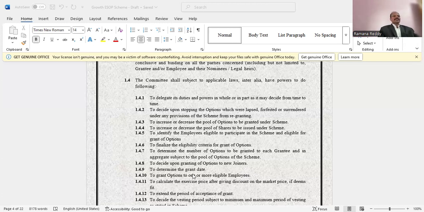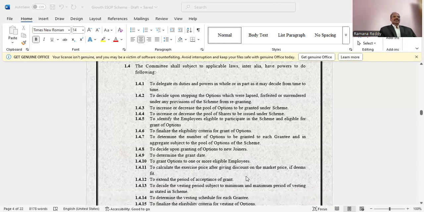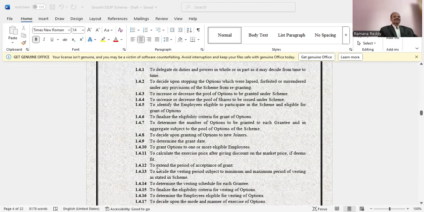And this committee has the power to determine the grant date, because the committee will approve the grants. That date is called the grant date. And it has the power to grant options to one or more eligible employees and to calculate the exercise price after giving a discount on the market price. So generally it has to be an attractive price, a discounted price.